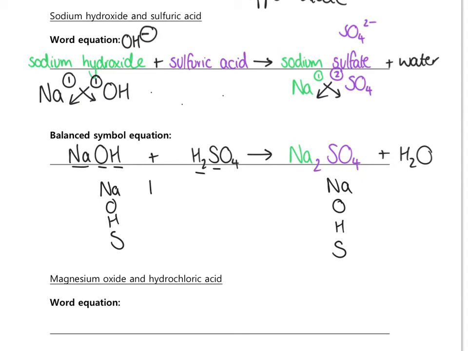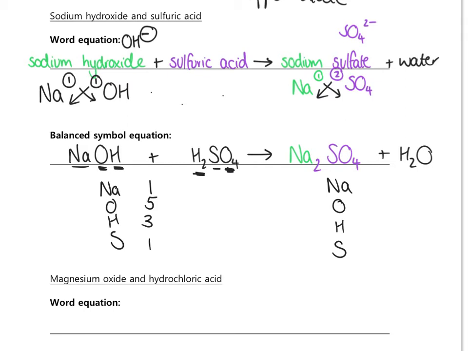Okay, time to count up on either side. We've got 1 sodium. Count your oxygens carefully. We have 1 here in sodium hydroxide, but then 4 here in sulfuric acid. So that's a total of 5. How many hydrogens do we have? Well, we have 1 in sodium hydroxide and 2 in sulfuric acid. So that's a total of 3. And then you have 1 sulfur in sulfuric acid.